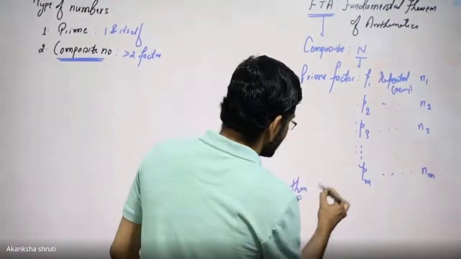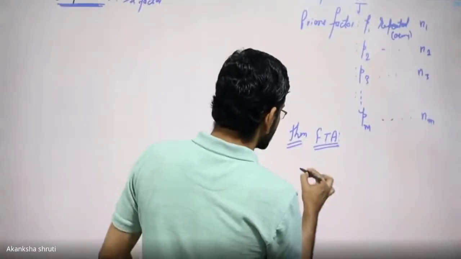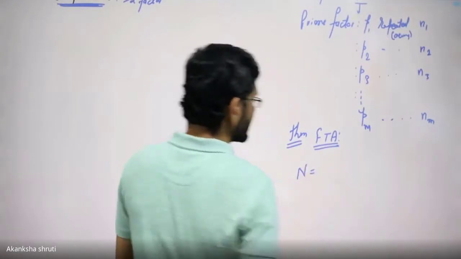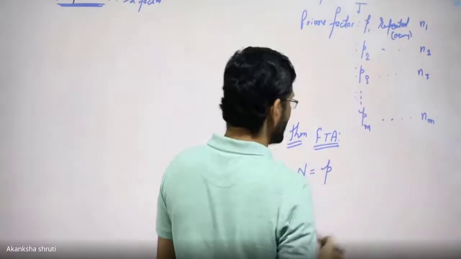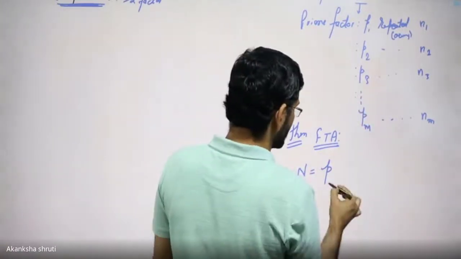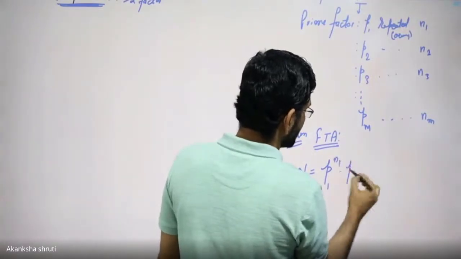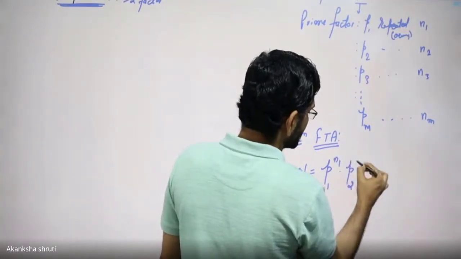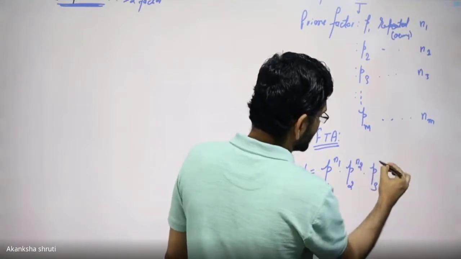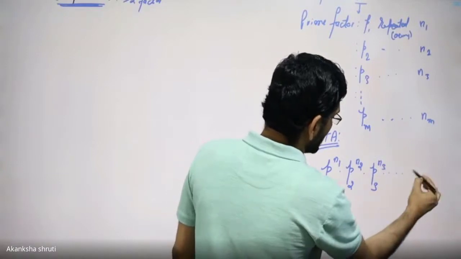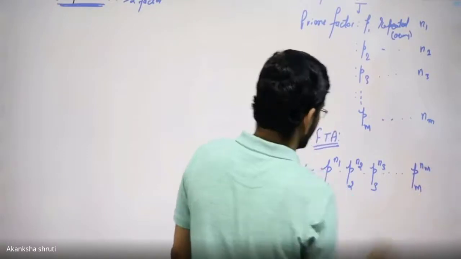Then the fundamental theorem of arithmetic tells that this composite number can be written as a product of its primes with their powers or exponents. So P1 occurs n1 times, the other prime factor P2 occurs n2 times, P3 occurs n3 times, and so on. The factor Pm occurs nm times.